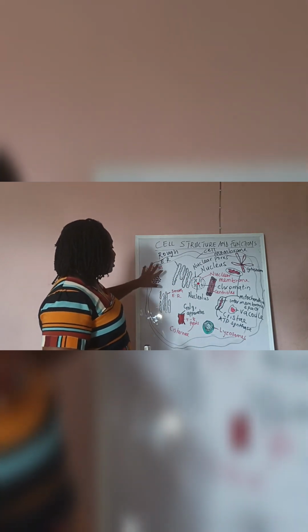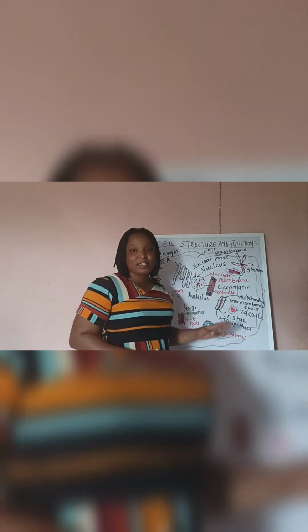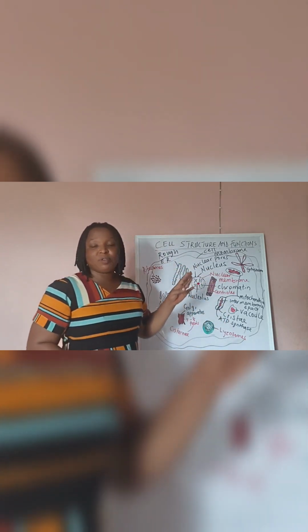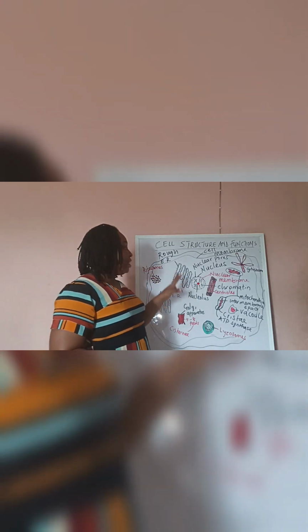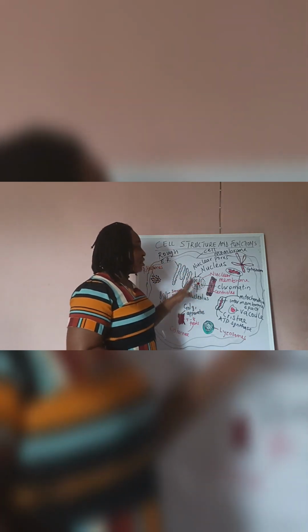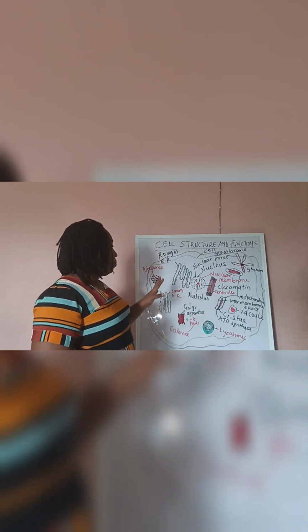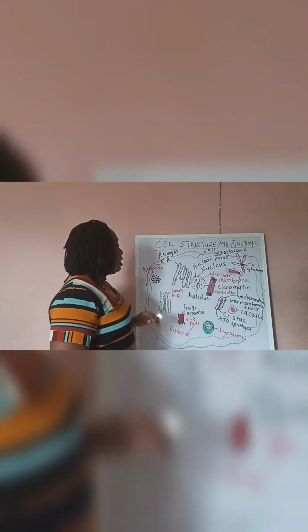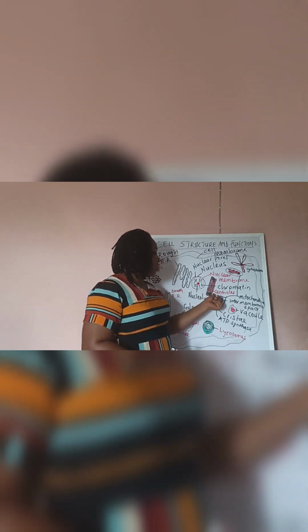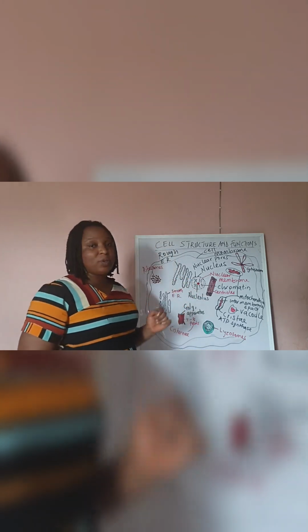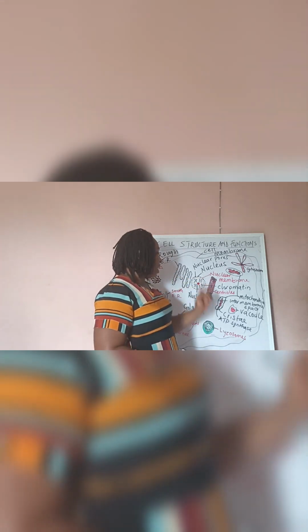Another one is that the cytoplasm of plant cell is less dense, that means it's not filled like that of an animal cell. The cytoplasm of animal cell is denser than that of plant cell. The plant cell lacks centrioles, while centrioles are present in animal cell.